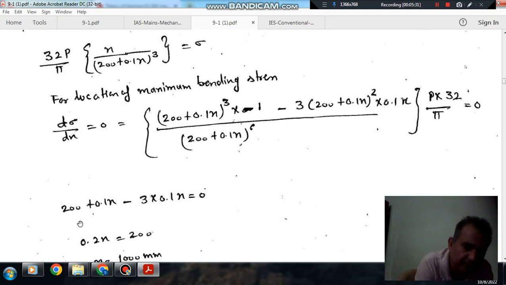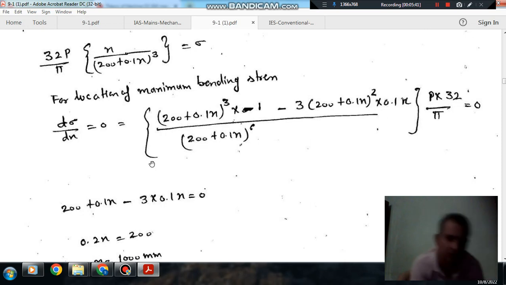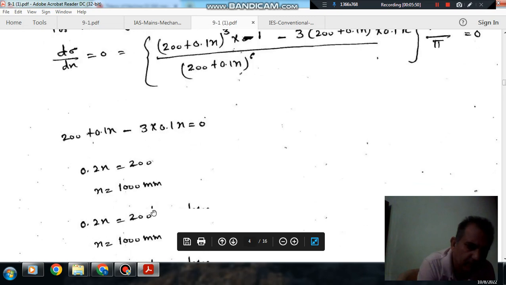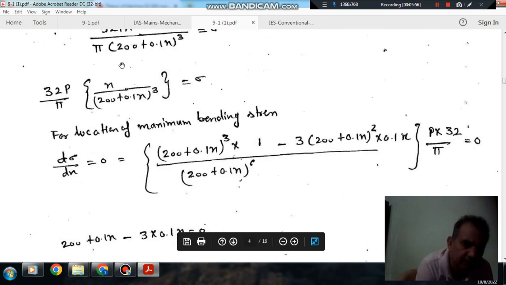Then the other term is (200 plus 0.1 x) minus 3 into 0.1 x. Now the common term cannot be zero, so we take the other term equal to 0, that is 200 plus 0.1 x minus 3 into 0.1 x equals 0, so x will be 1000 mm. So now x is 1000 mm and then the expression for sigma is this.